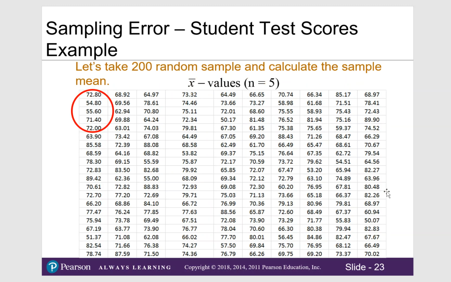Anyway, so let's take 200 random sample values and calculate the sample mean. These are random numbers generated using Minitab, and it's a population of size 200. Then what we're going to do is randomly sample 5 elements from it. I just pick the first 5.